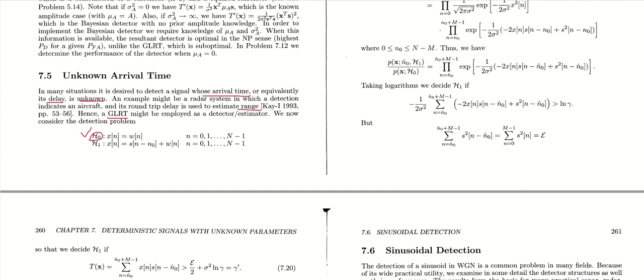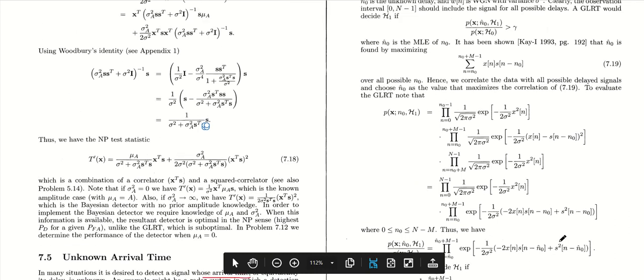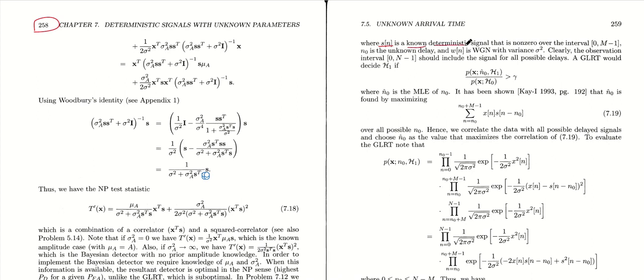And if you have a target, which is H1, then your signal is a signal plus noise. This is H0 and H1, where s[n] is a known deterministic signal.